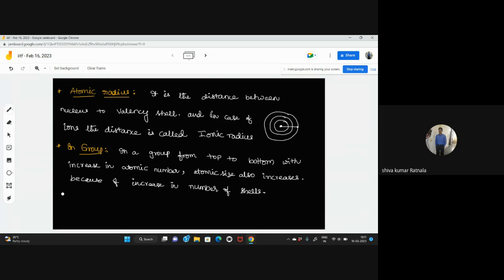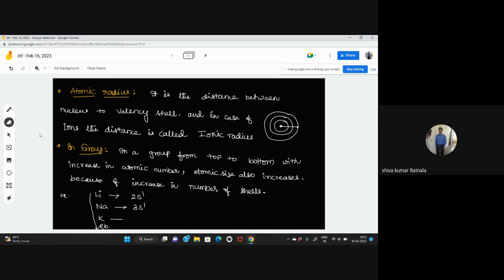For example, let me take lithium, sodium, potassium, rubidium. These all belong to the same group, right? Lithium valence configuration is 2s1, sodium 3s1.